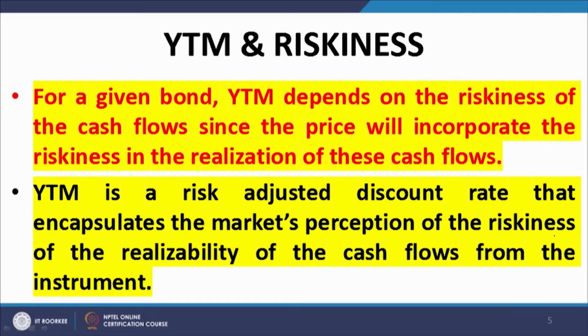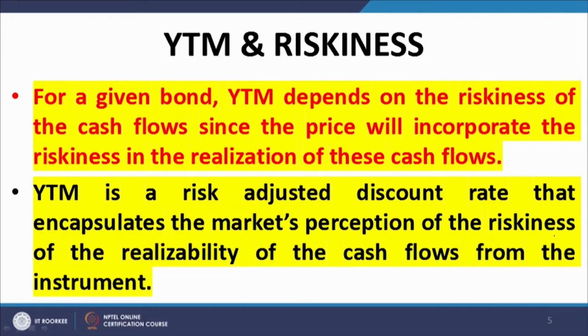YTM depends on the riskiness of the cash flows, since the price will incorporate the riskiness in the realizability of these cash flows. A bond in which the realizability of the cash flows is suspect, or there is a significant possibility of default, will be quoting at a lower price, and therefore the YTM would be higher, and a bond which is risk free would be quoting at a higher price, and the YTM would accordingly be lower.